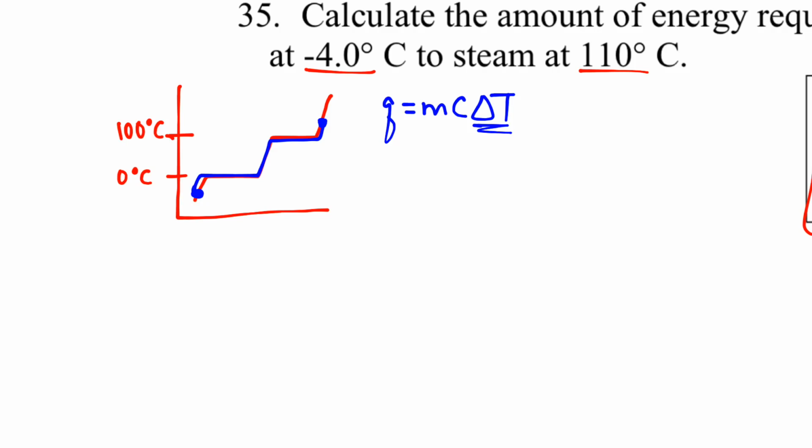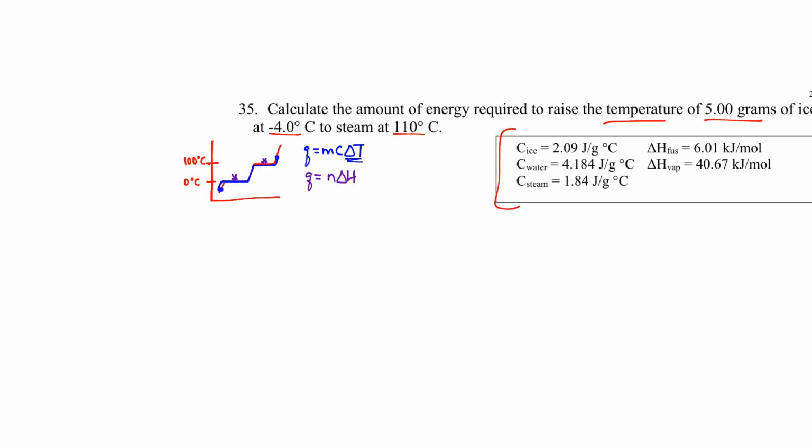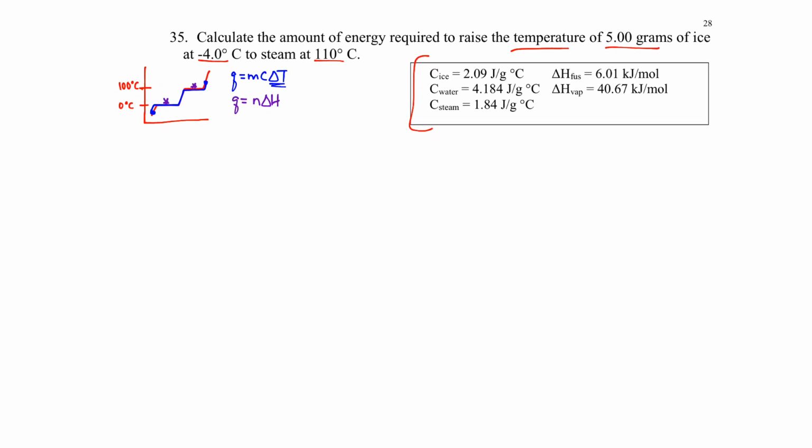Anywhere you have a phase change, so those will be on the plateaus, there and there, we use this equation, Q equals n delta H, and the delta H would correspond to either vaporization or condensation or boiling or melting, depending on what you were doing. Okay? So we're going to have 5 different equations here. The biggest thing to keep in mind is that you have to pay attention to using the correct constants, and the correct temperature changes when appropriate.